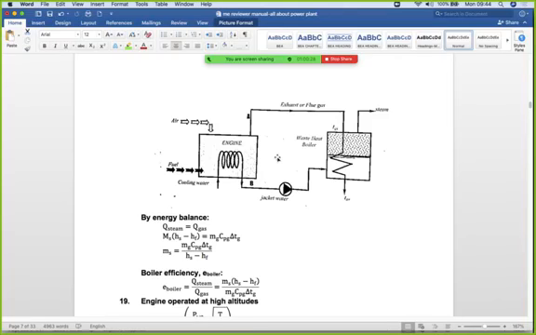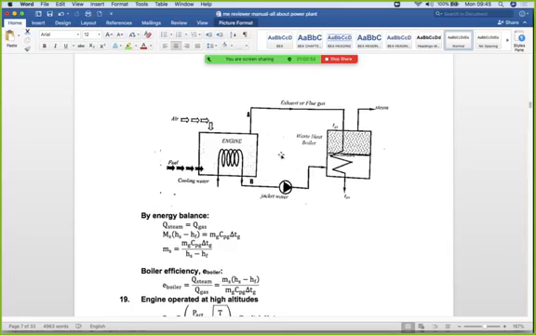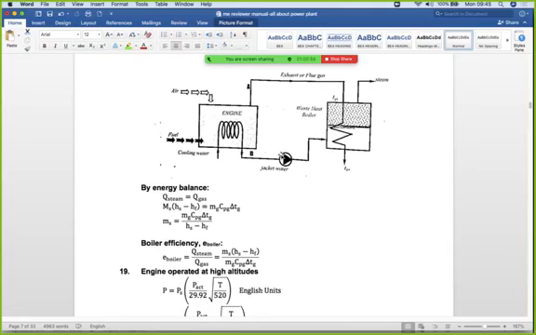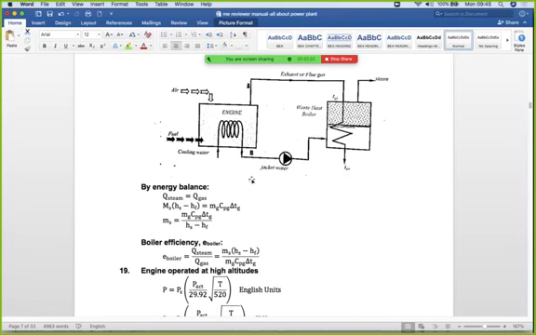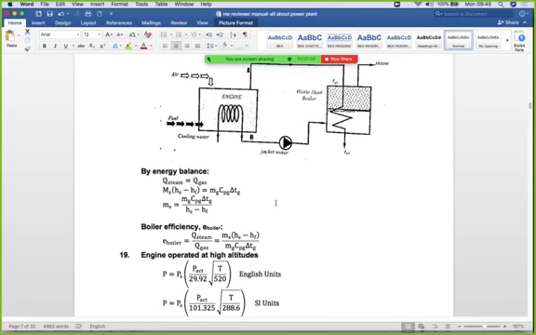In the case of a generator, the exhaust of the generator will be used to provide heat to the waste heat boiler. It will produce steam without employing other heating value of fuel, but only the exhaust gas. So the energy balance is Q of steam equals Q of gas, because that is the heat entering the boiler that is needed to produce the steam.